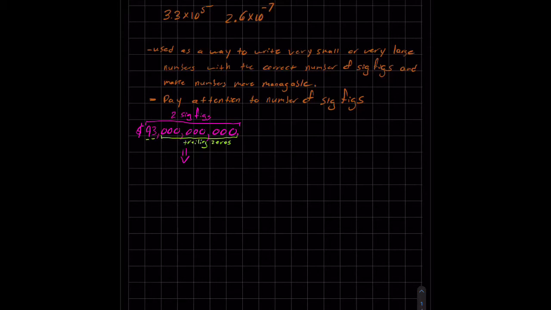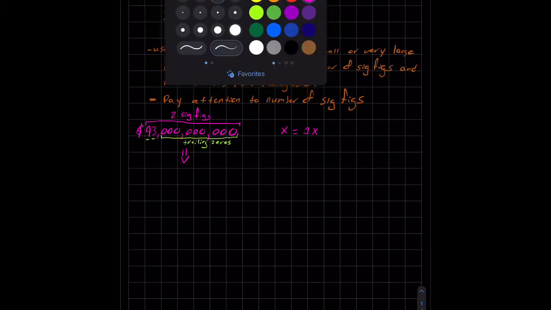It's kind of the same concept as in math class, if you have x, x is just x, but it's understood to mean the same thing as 1x. You just don't write the 1. The same concept here where that decimal place isn't written if it's a whole number, but it is understood that it's there. And what we're going to be doing is moving that decimal place to the left.